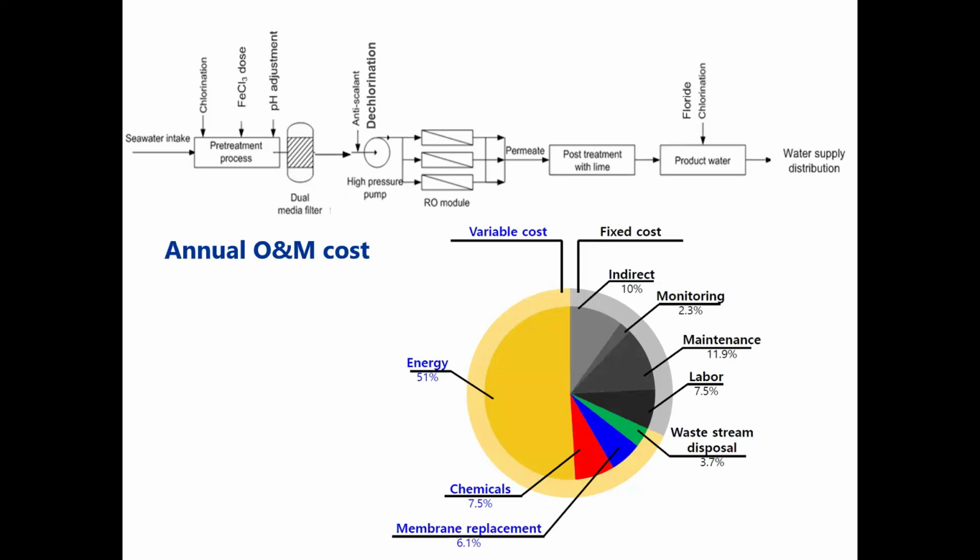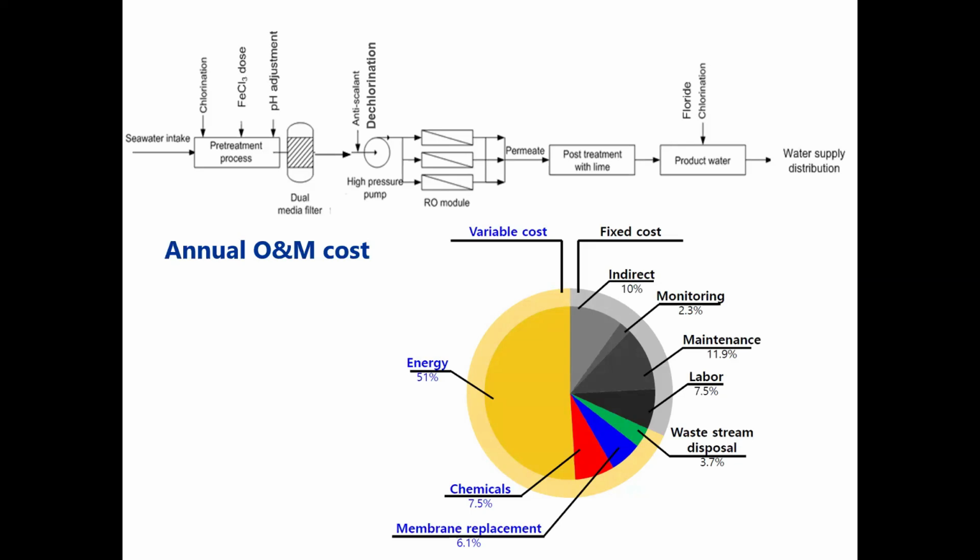You need to pay the energy cost every day, 250,000 multiplied by 1.2, which is $300,000. So for a city desalination plant producing 250 million liters per day, you have to pay $300,000 per day. Only the energy cost.